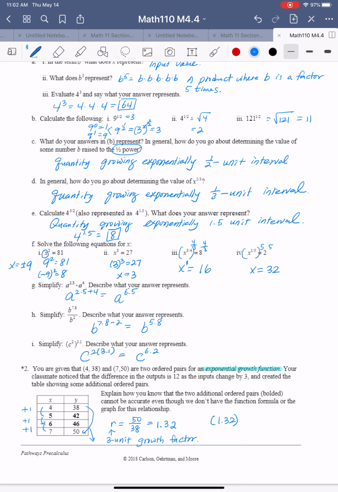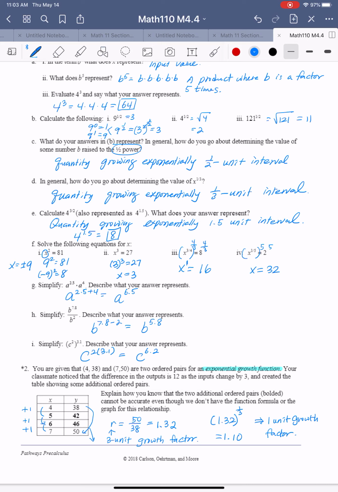In order to make this a 1 unit growth factor, we need to put the 1/3 power on it. So 1.32 to the 1/3 power should be equal to about 1.10.